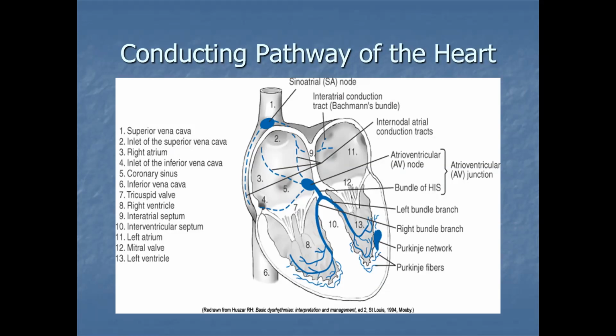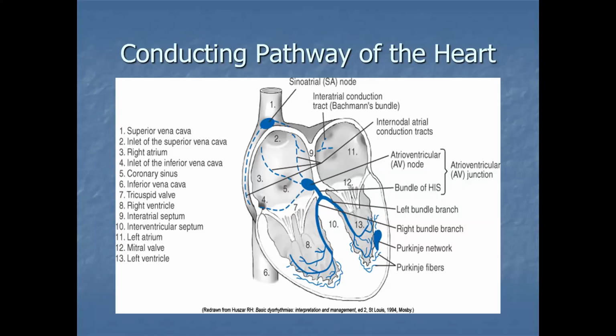But the conducting pathway actually starts at the top. So it does not start at the apex, it finishes there. It starts with the SA or sinoatrial node. And I'm not going to read this slide to you. You can see this pathway where it goes to the AV node. And by the way, when the SA node is knocked out for any one of a variety of reasons, disease processes or other syndromes that can occur, the AV node will kick in.